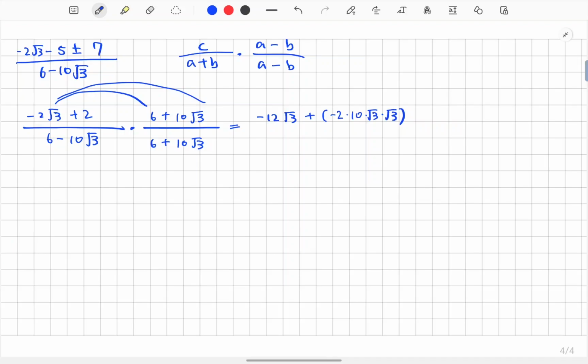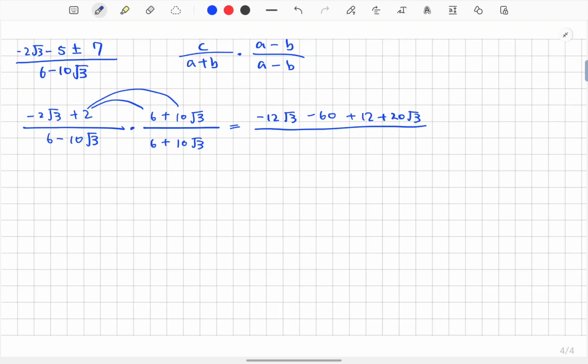The two root 3s multiplied together will become a 3, and these 3 integers multiplied together will become negative 60. So this term will just become minus 60. Then the next part, these 2 multiplying together, we will have plus 12 and plus 20 root 3.